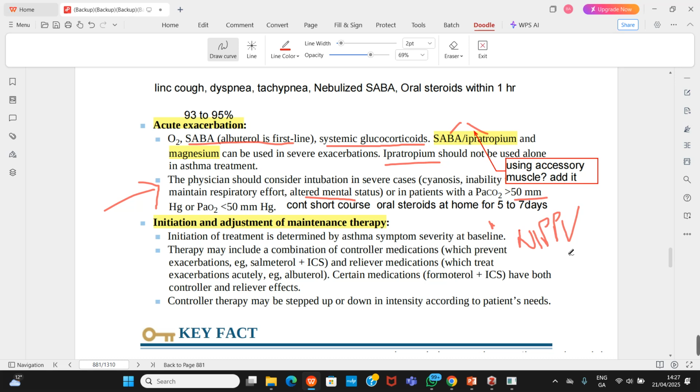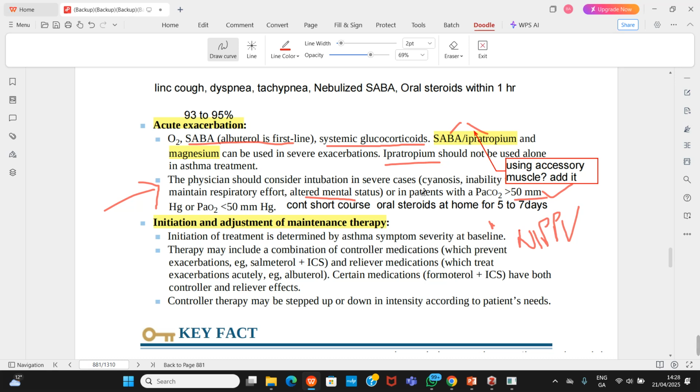But there are some conditions that you will not want to consider NIPPV first. Example, if the person is having altered sensorium. So let me say somebody comes in now and the PCO2 is more than 50. That is telling us that this person is having respiratory muscle failure. There's respiratory failure already. With PCO2 greater than 50, respiratory failure. So you want to consider intubation or NIPPV.